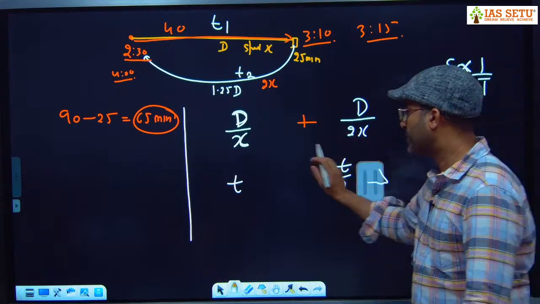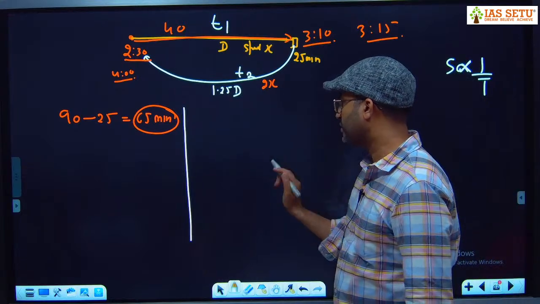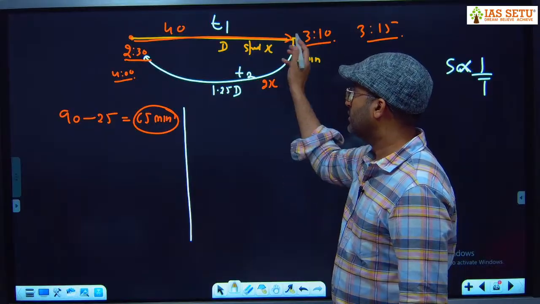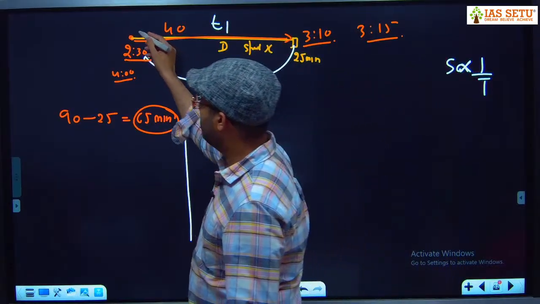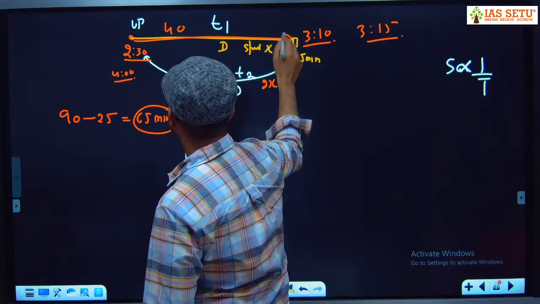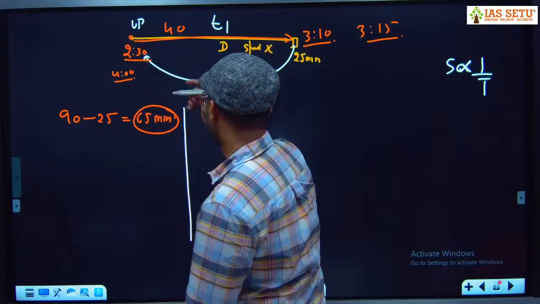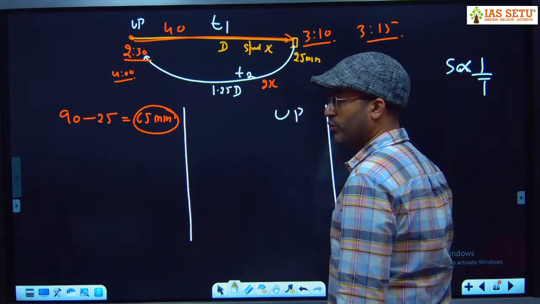ठीक है. तो अब क्या करते हैं, इसका एक चार्ट बनाते हैं. We will make a chart. जाना आना. ठीक है. This is up down. इस डिस्टेंस को बोलते हैं अप, ये बोलते हैं डाउन. ट्रेन की जर्नी को अप डाउन बोलते हैं ना, अप डाउन, अप डाउन.